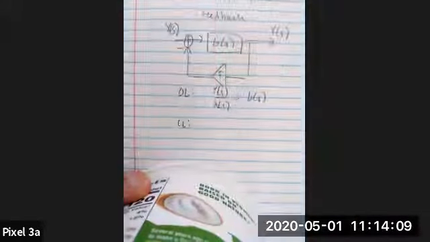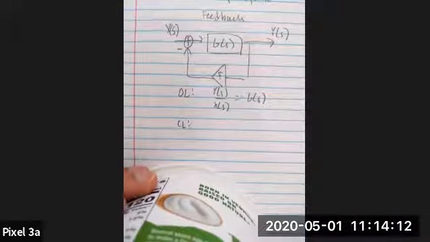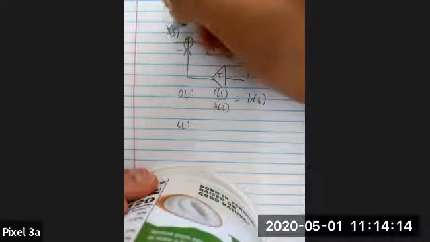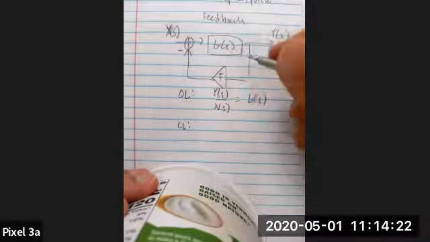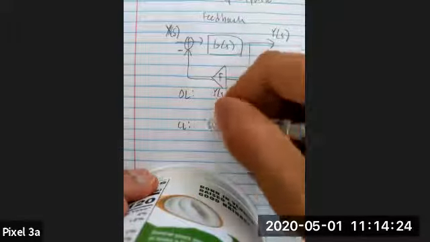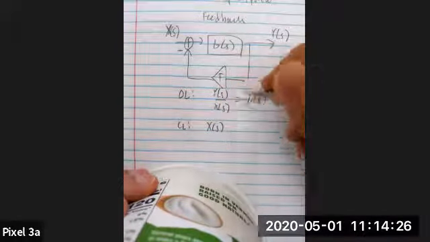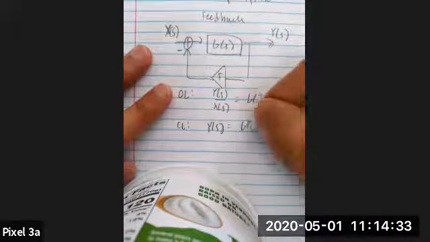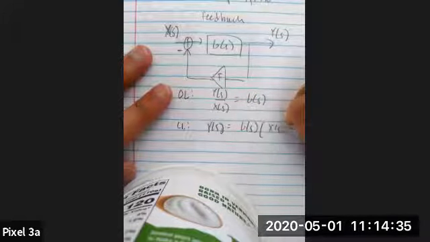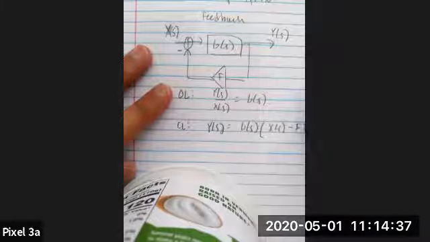But when we put it into closed loop, we can use Black's formula or just derive it from scratch like I do every time to see that the transfer function from the input to the output is a bit different. So just to collect terms, Y(s) is equal to G(s) times X(s) minus f times Y(s).